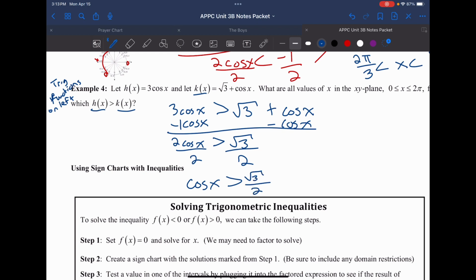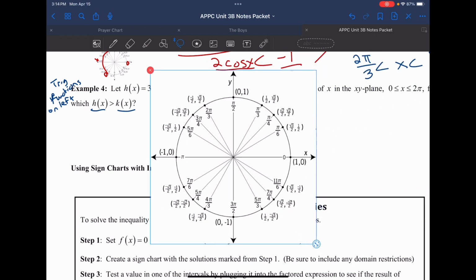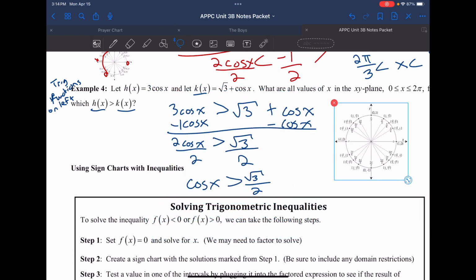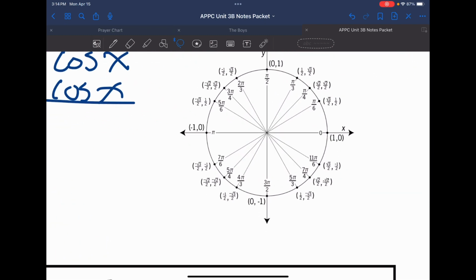So once again on my unit circle here, I'm looking at the square root of 3 over 2. That happens here. Oh, I should circle that instead. Square root of 3 over 2.